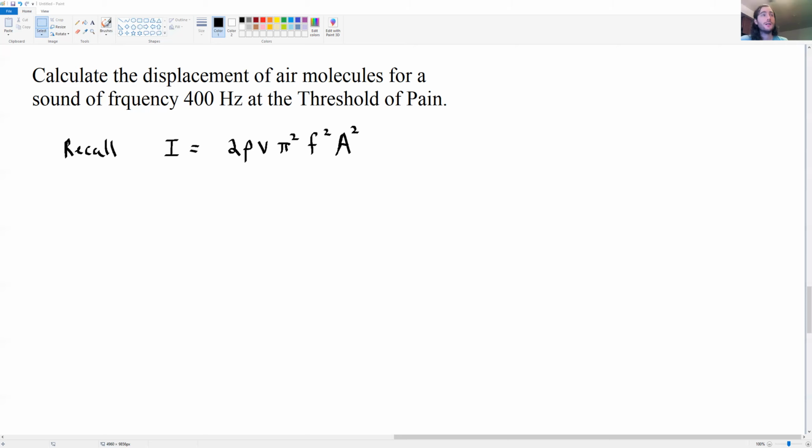So here's the question. Calculate the displacement of air molecules for a sound frequency of 400 hertz at the threshold of pain. Okay, 400 hertz at the threshold of pain. Recall, the threshold of pain is 1 watt per meter squared for the intensity.